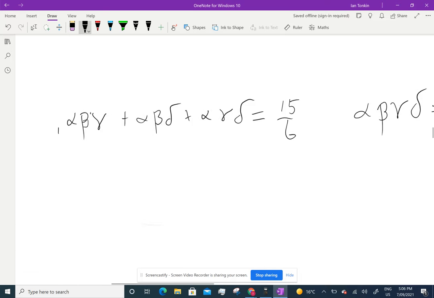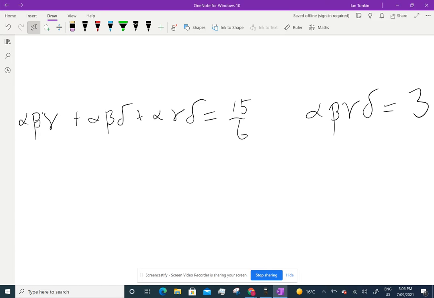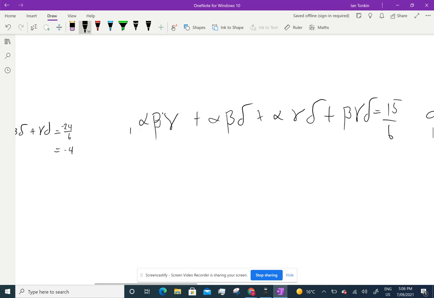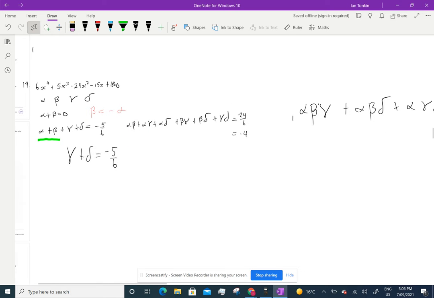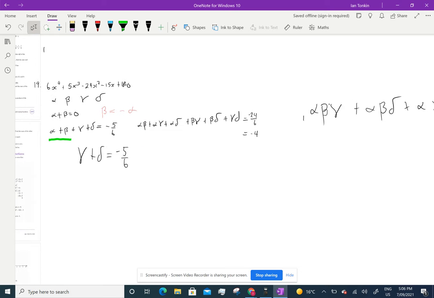Alpha, gamma, delta. And then I've got beta, gamma, delta. And that was 15 on 6. Right. So here are my two substitutions. I know that beta equals minus alpha, and then I can substitute gamma in.